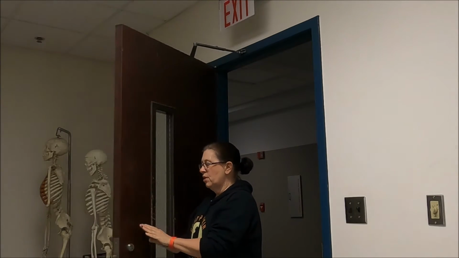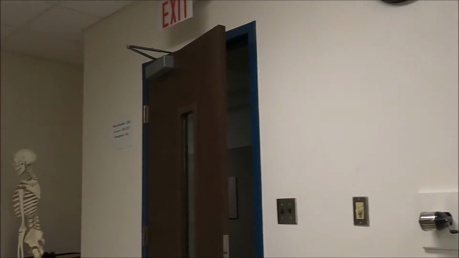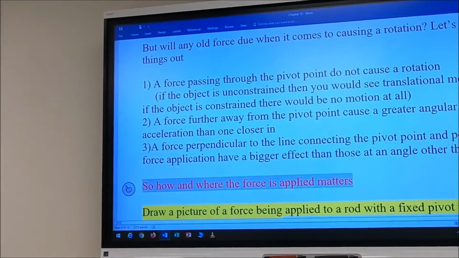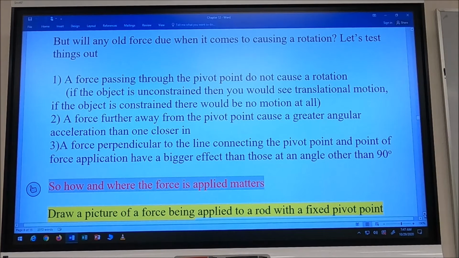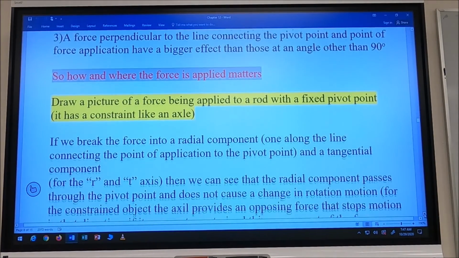And if I were to push with an angle instead of head on, notice it doesn't rotate as fast. So where you apply the force relative to the pivot point, and what direction you apply the force relative to the pivot point, all affect how the object is going to respond in terms of rotational motion.